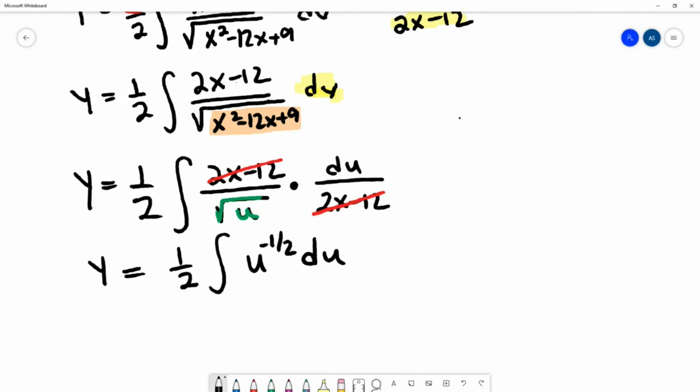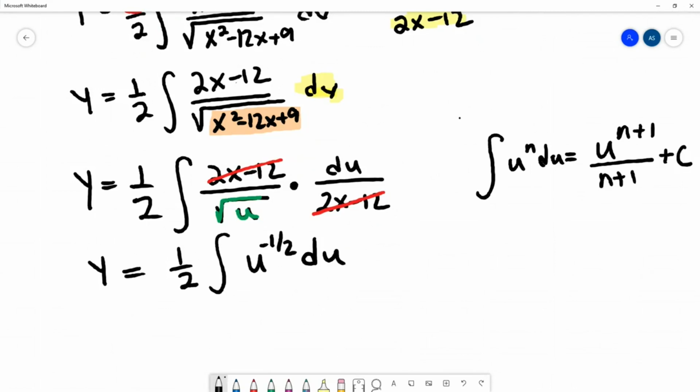That's the power rule. So the power rule looks like this. The integral of u to a power n du is u to the n plus 1 over n plus 1. So we add 1 to that power, divide by that new power, and we add our constant of integration.